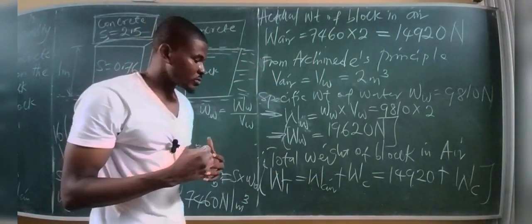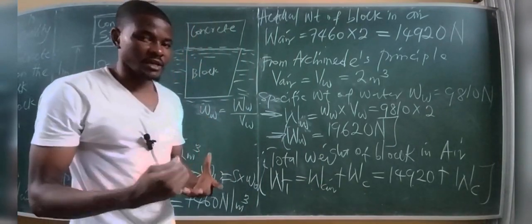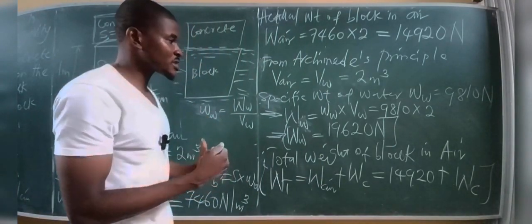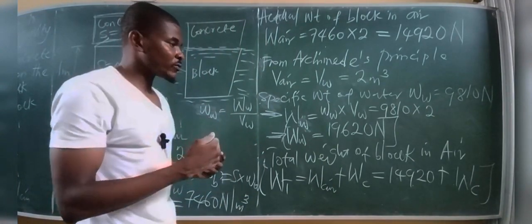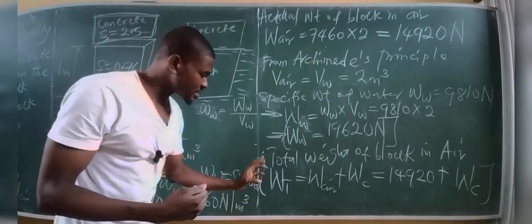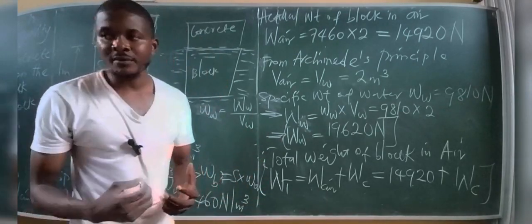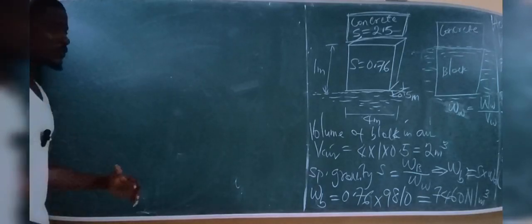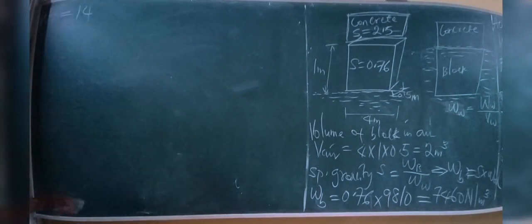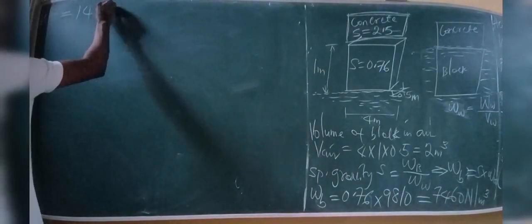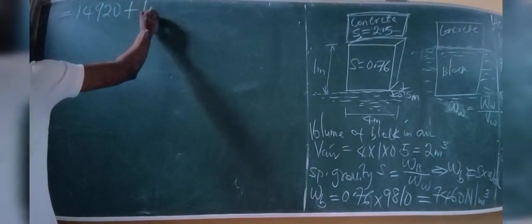And from Archimedes' principle, the total weight of every object in air equals the total weight of the fluid displaced by that object. So it means this weight is equal to the weight of water. Recalling from the other equation, we obtain total weight of the object in air to be equal to 14,920 plus weight of concrete.